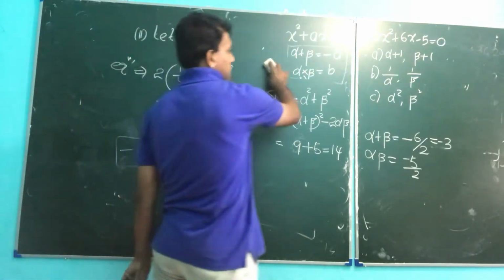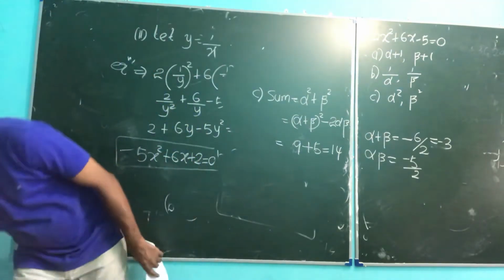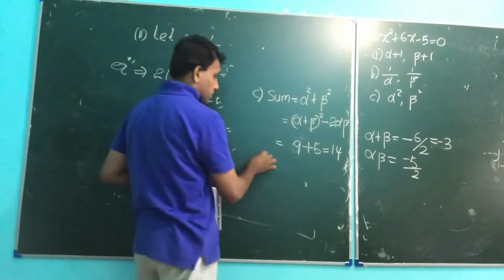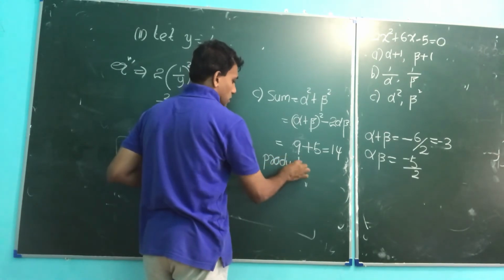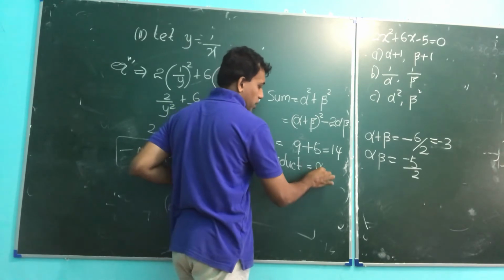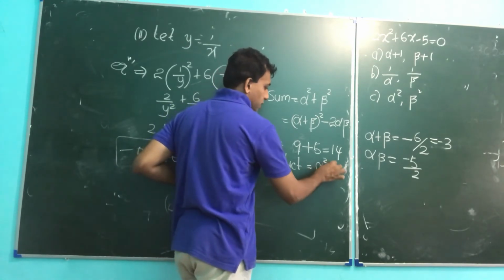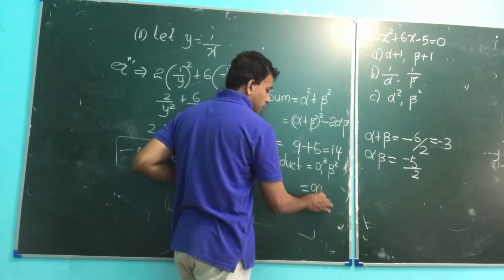Next, write the product. Product of the roots. So what is the product? One root is alpha square, the other root is beta square, or otherwise alpha beta completely square.